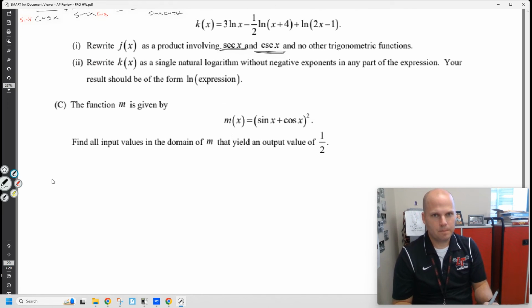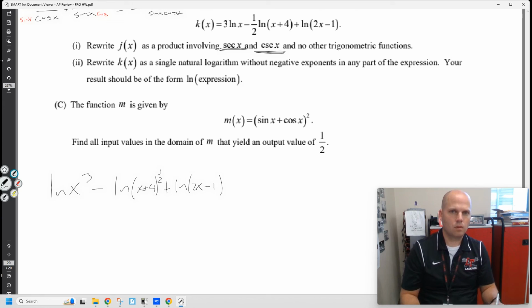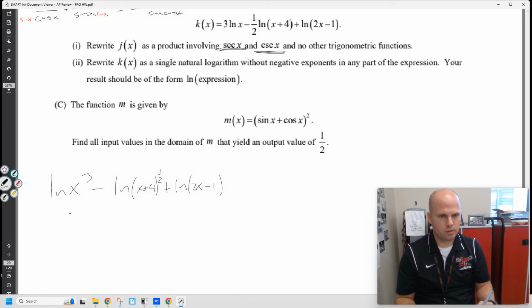All right. Log properties. Okay, log properties.